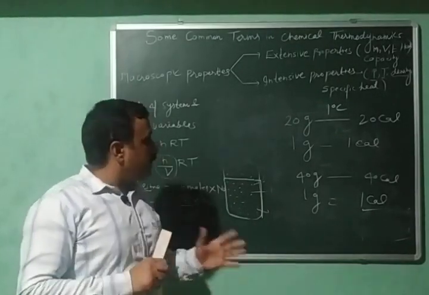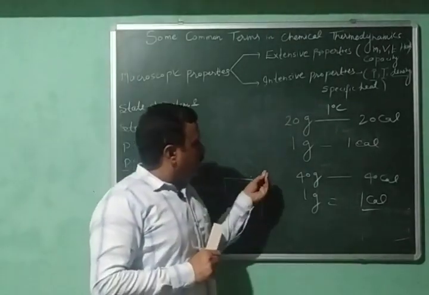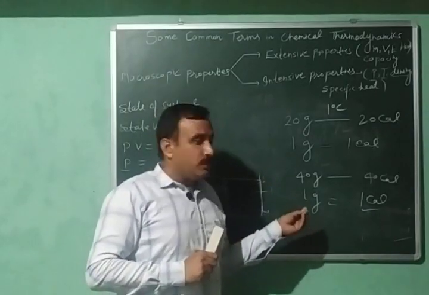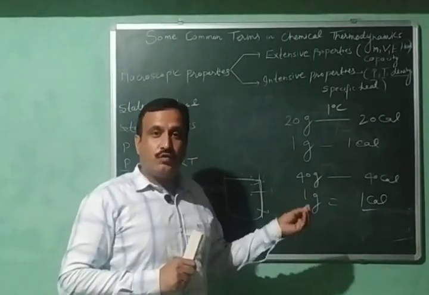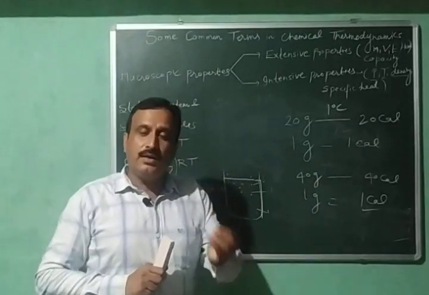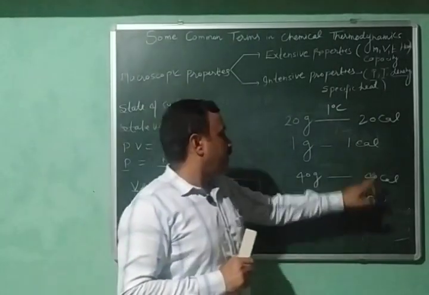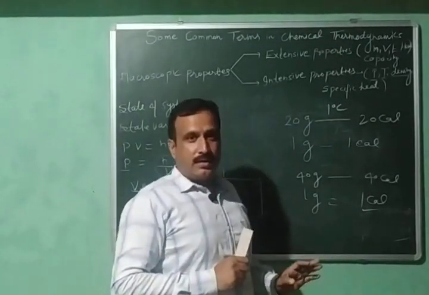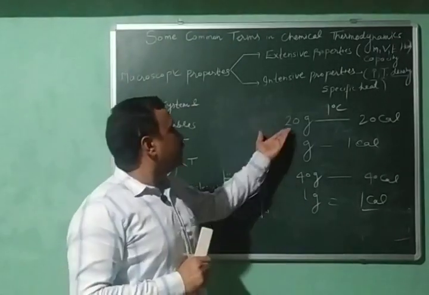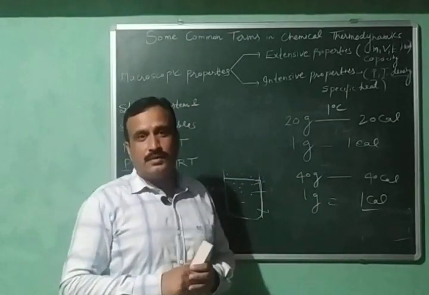Understood? So this means that the amount of heat required to increase the temperature of 1 gram of water remains constant. That is 1 calorie. Doesn't matter whether I have 20 gram of water or 40 gram of water.